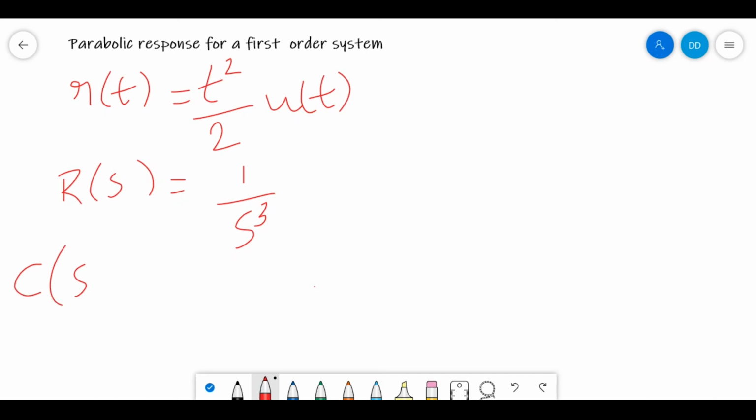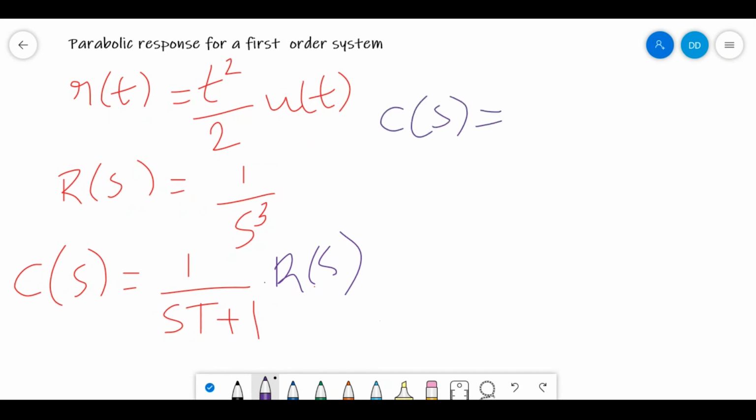Again we'll obtain the response in time domain C of t, for which we need to consider C of s, which is given by the standard form 1 by sT plus 1 into R of s. So we can substitute R of s as 1 by s cube. So it is 1 by sT plus 1 into 1 by s cube.